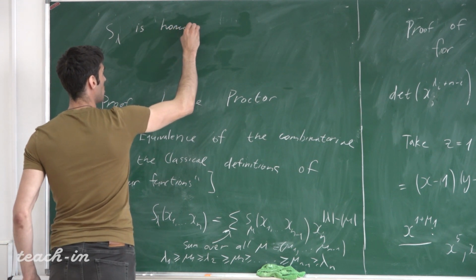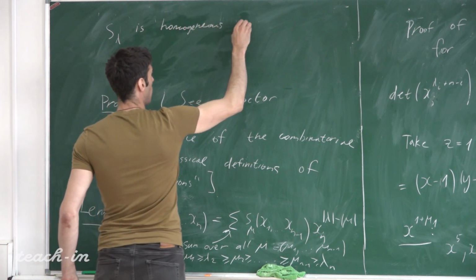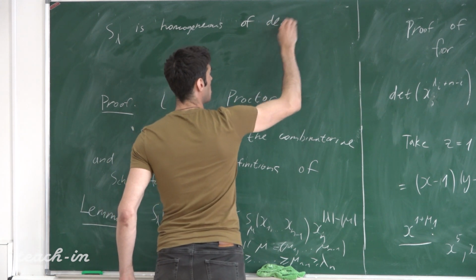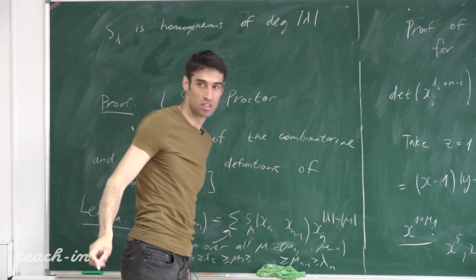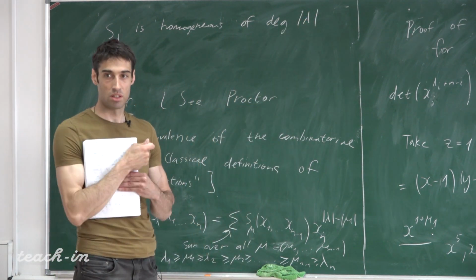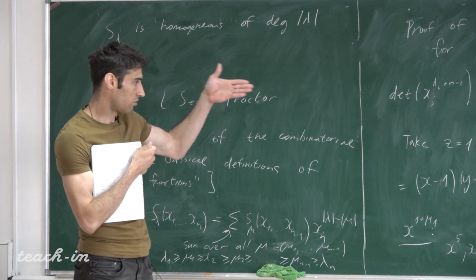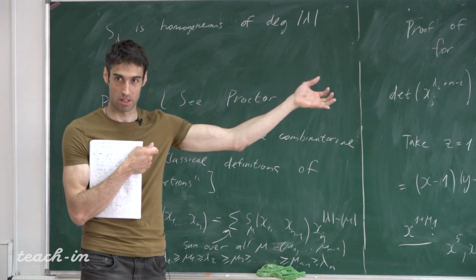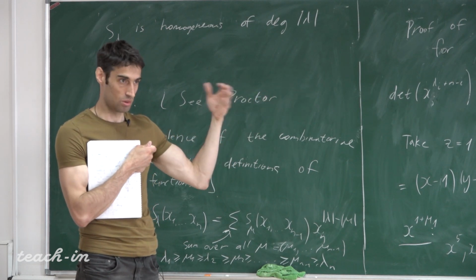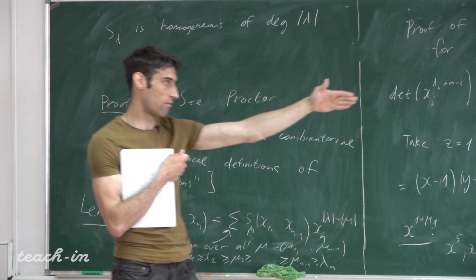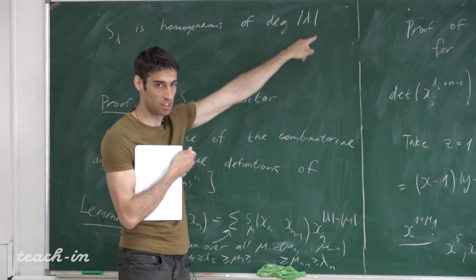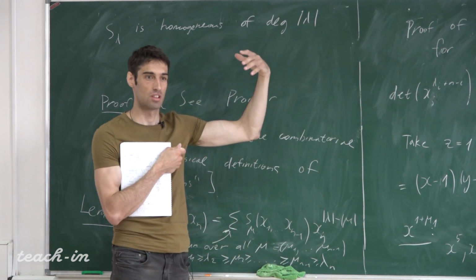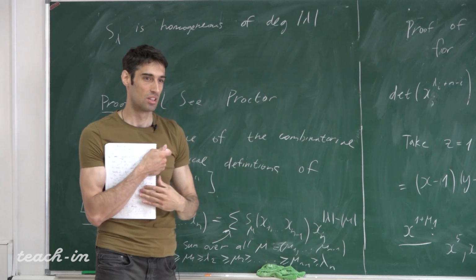Homogeneous means that you have monomials there, and you sum up over all exponents that appear in these monomials, and you get some number. And this number is the same for all monomials. That's what it means to be homogeneous of this degree.